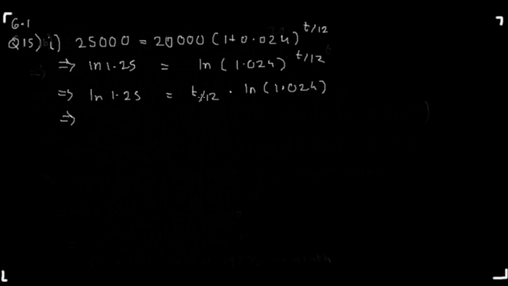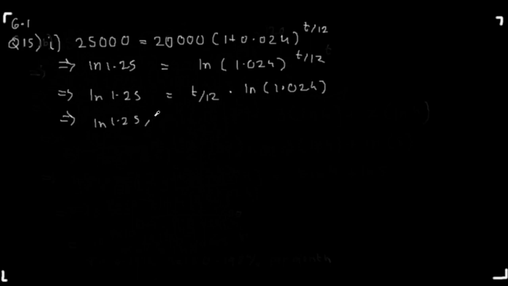So now we're going to divide this. We're going to find the reciprocal of this. So ln 1.25, divided by t over 12. That is the same thing as multiplying by 12 over t, because we're finding the reciprocal.